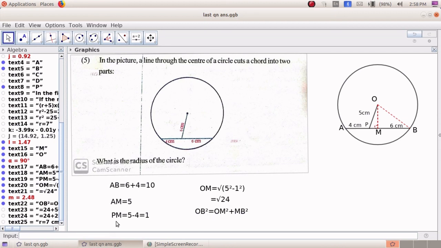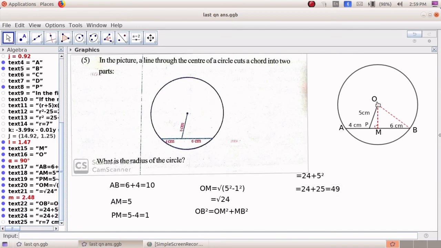OB square is equal to OM square plus MB square. OM we have calculated as root 24, so OM square, on squaring, the square root will go, will be 24. MB is 5, so MB square is 5 square. Therefore, this will be 24 plus 25, which is 49.